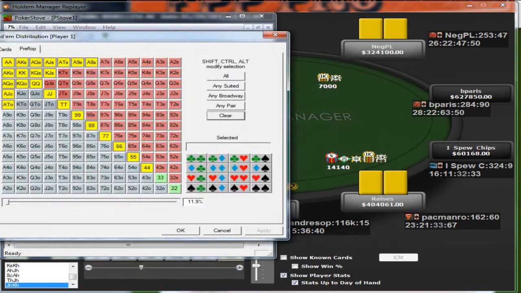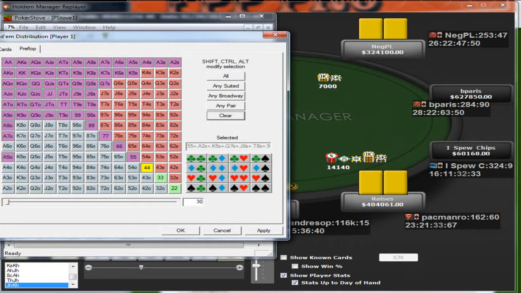He's calling me 12%, but we say that he's opening at least 30% of hands. So to make it simple, if he's opening 36, we need him to fold 66% of the time.